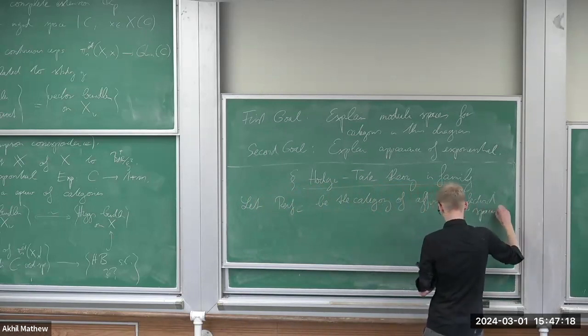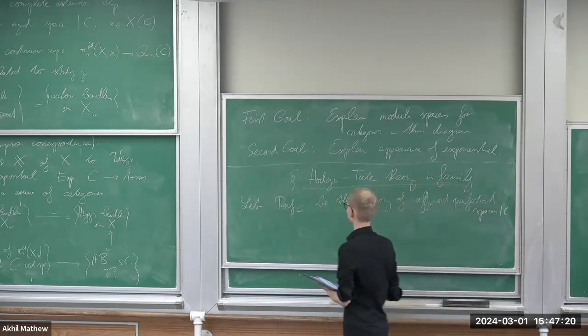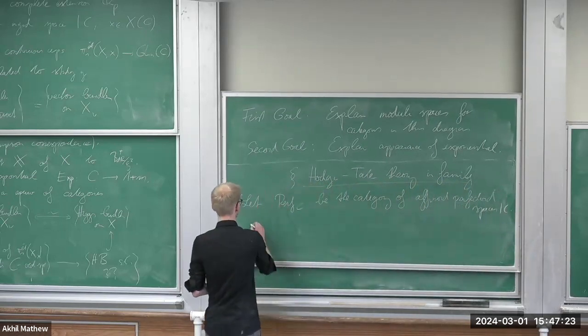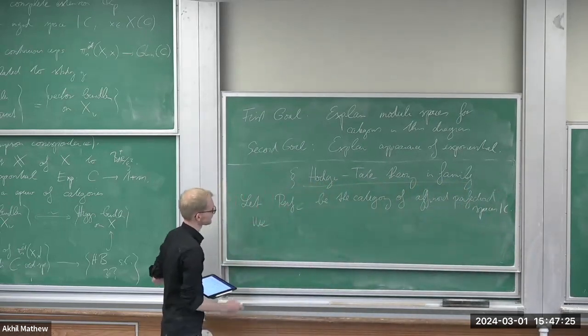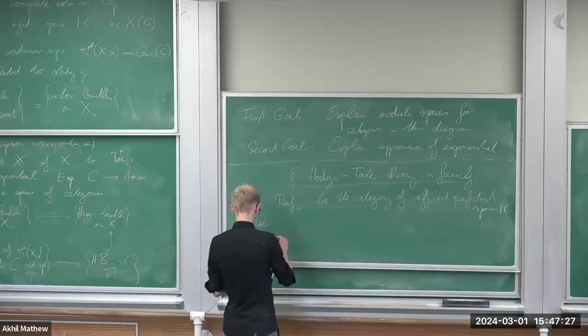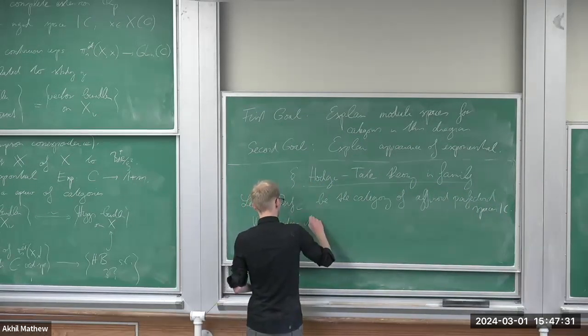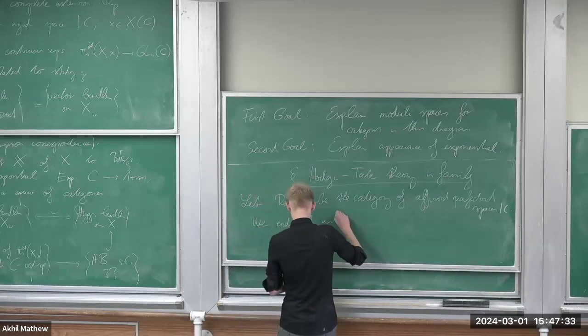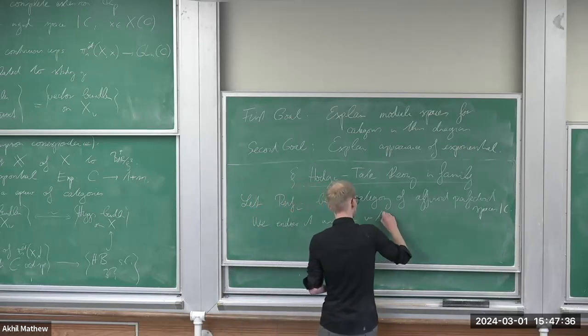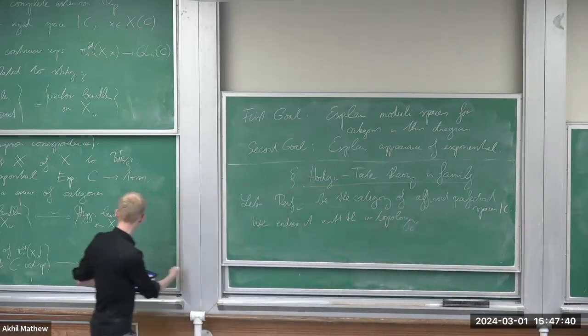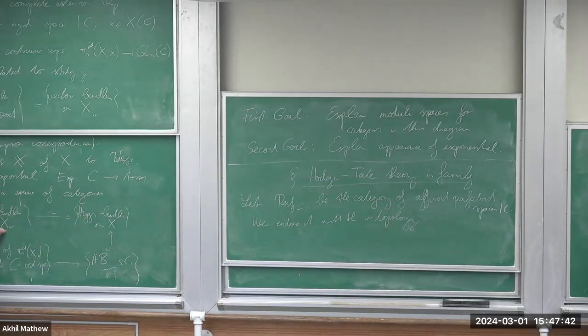And this is so far some category, and we start with the topology, namely the v-topology. Okay, so this is the topology which was already built into this category here.